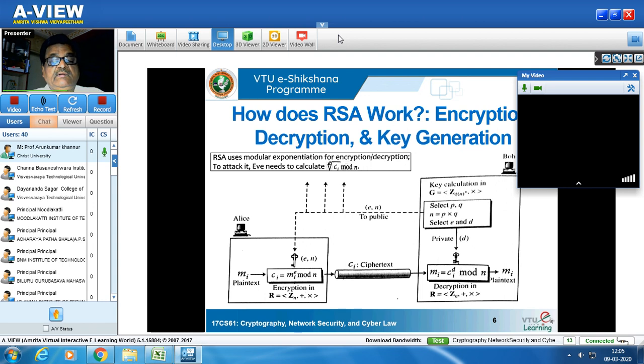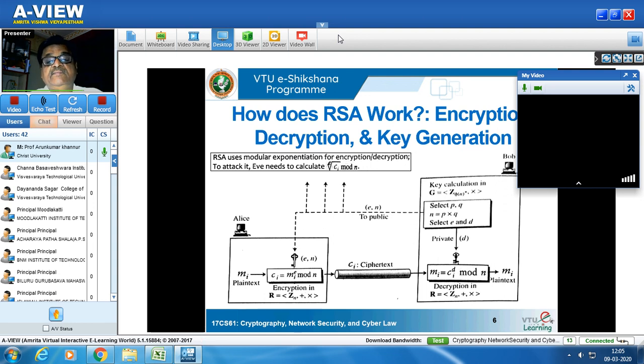On the receiver side, the decryption algorithm has the formula to recover the message.